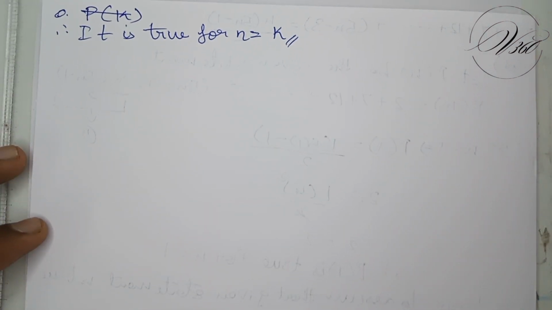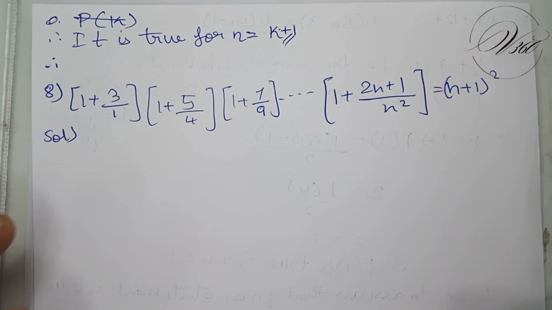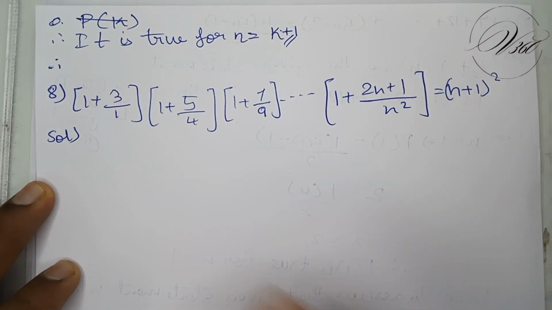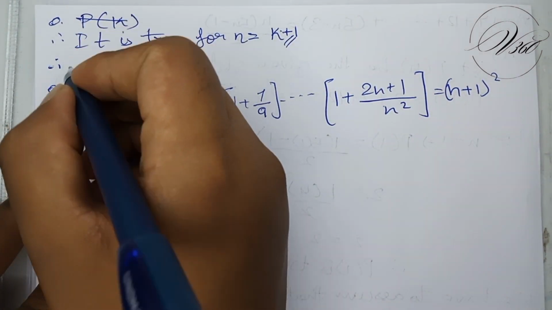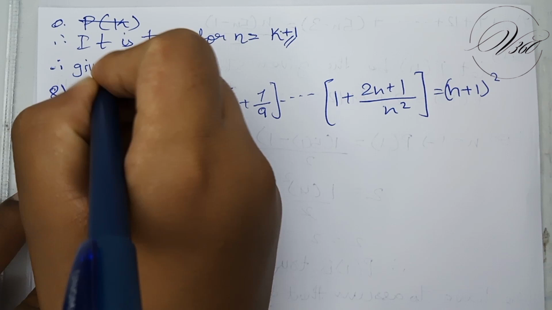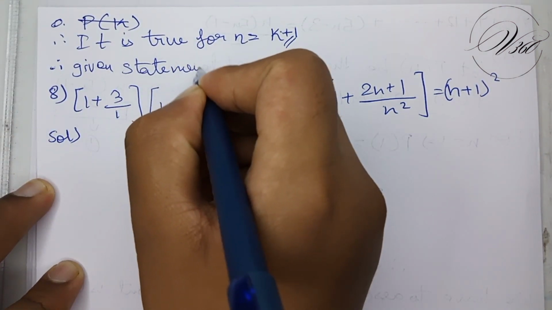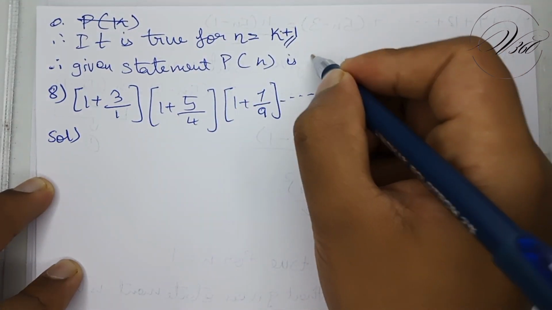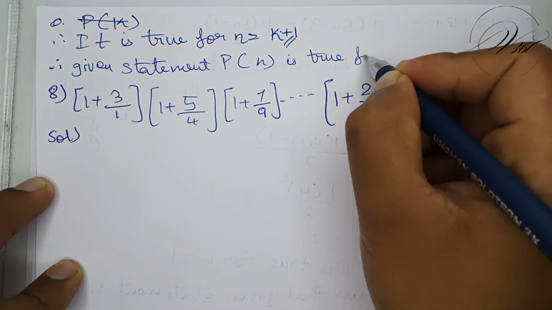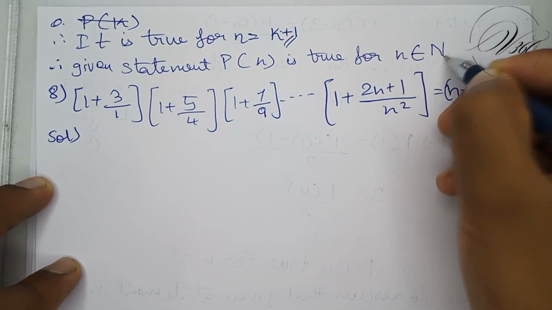Now we have completed the seventh problem. Now we will go to the next one. Here I have written a mistake. It is true for n equals k plus 1, and therefore the given statement P(n) is true for n belonging to natural numbers.